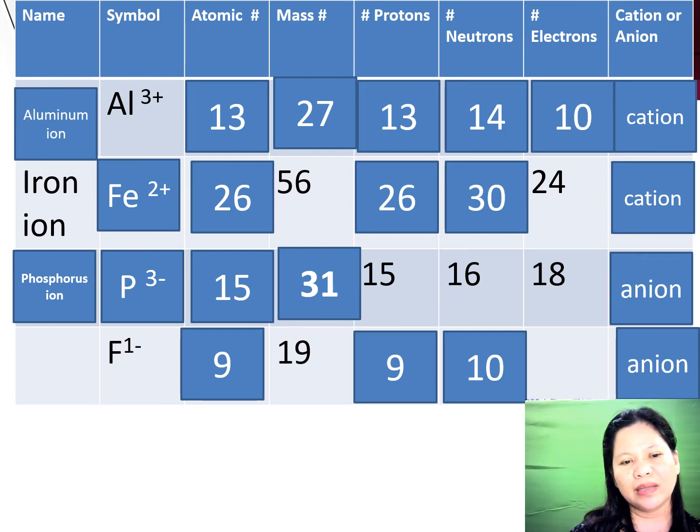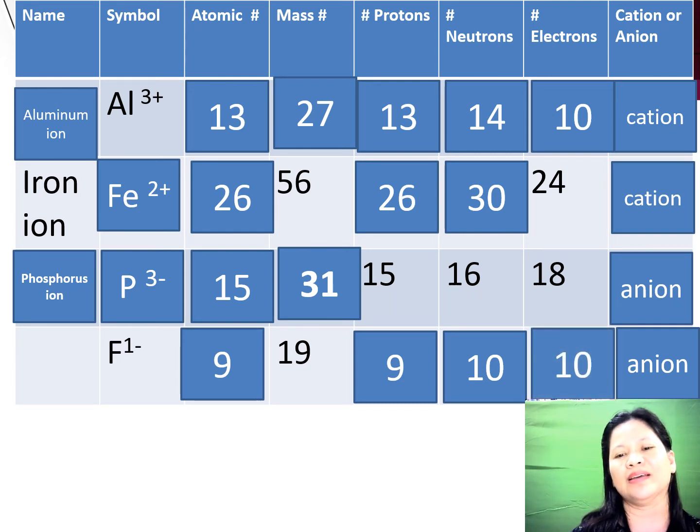And there is negative 1. So what will happen to the electrons? Is there an addition or a reduction? Okay, very good. There is an increase or addition of 1. So 9 becomes 10.